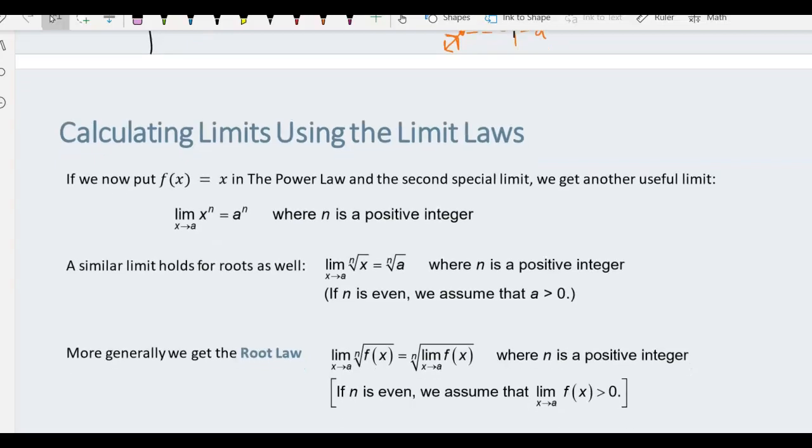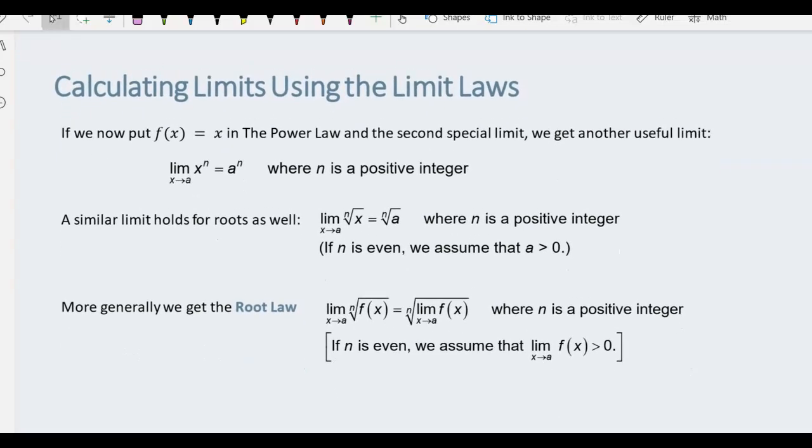We can extend the power rule to take roots into account because they're related in terms of just being raised to an exponent. So we know that if we take the limit of something like x to the n power, and we're just taking a and plugging it in, we're going to get a to the n power.